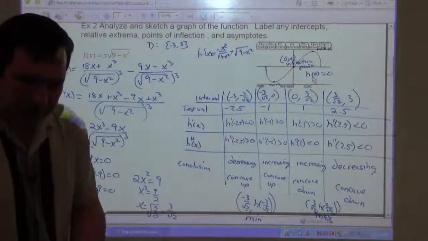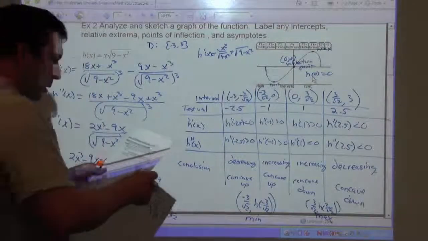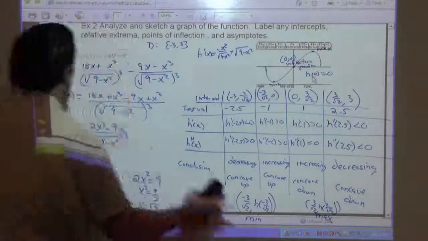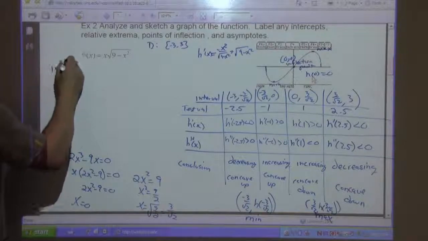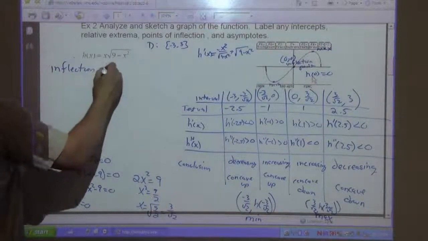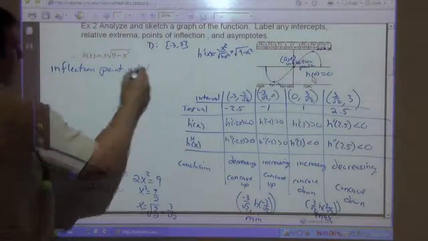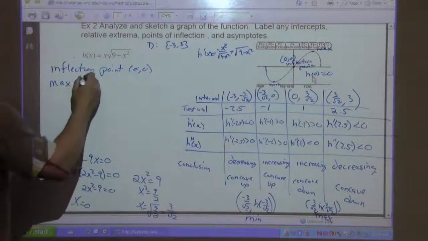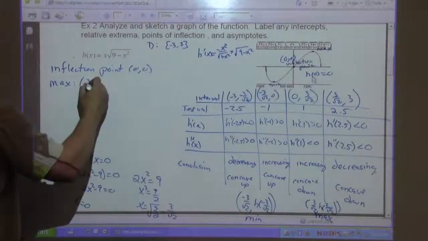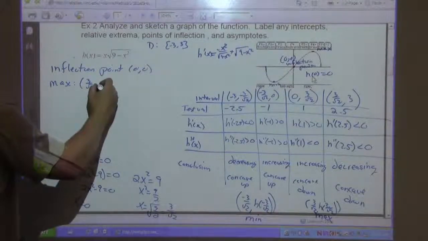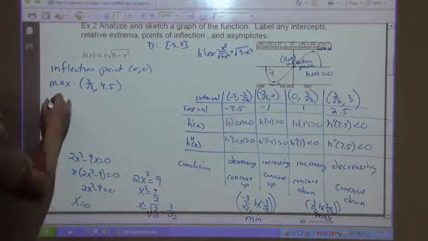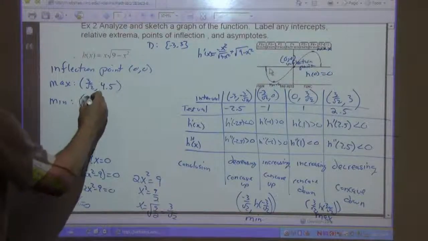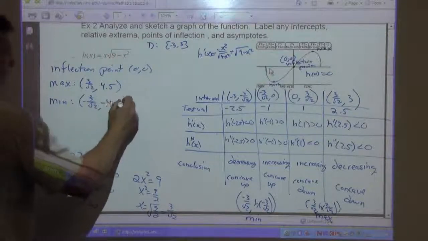So, to finish this off, we have an inflection point at 0, 0. We have a maximum at 3 over the square root of 2, comma, if we plug in the numbers, it's 4.5 roughly. And we have a minimum at negative 3 over the square root of 2, comma, negative 4.5.